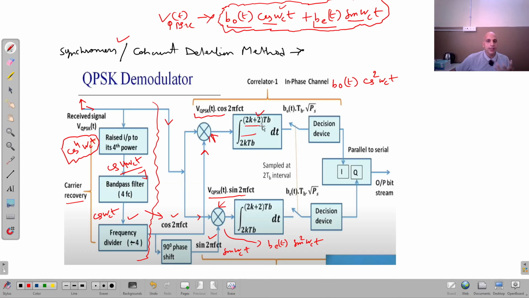After doing the integration here, I am able to get b odd of t multiplied by some constants, which I can ignore, and here I will get b even of t. You can see here, these two, the odd bit stream and even bit stream, are basically not bits at this point, but they are contained in this entire signal. It is multiplied with some other constant terms.